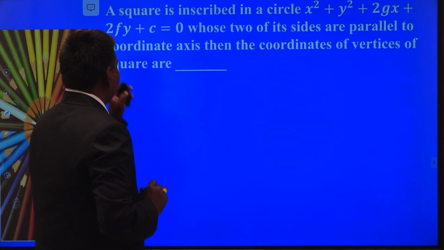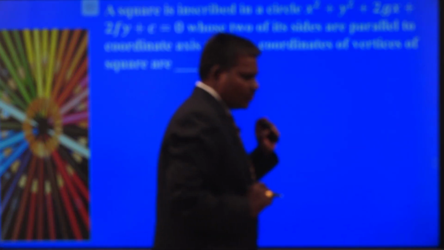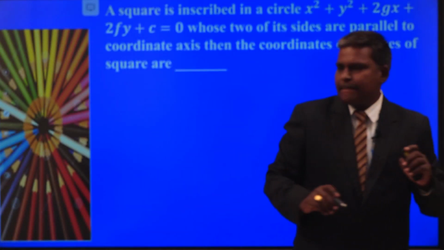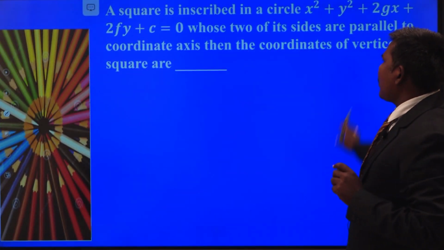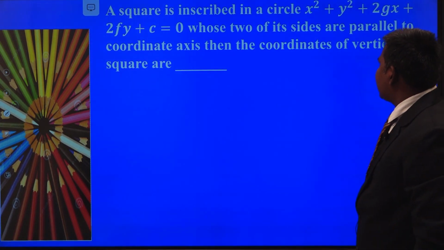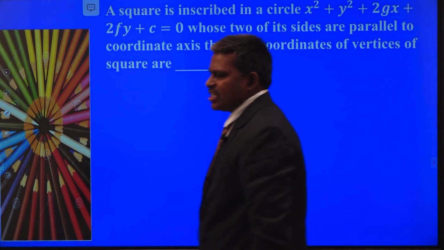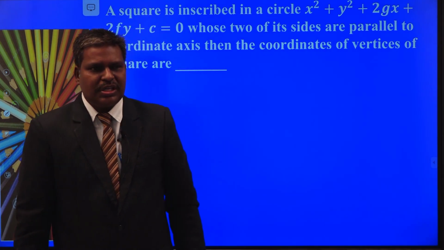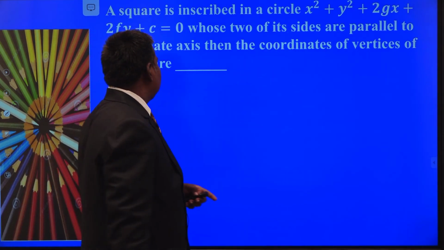Let us do some problems related to this one. See here, see the question, read it yourself. A square is inscribed in a circle, x square plus y square plus 2gx plus 2fy plus c is equal to 0. This is the circle.